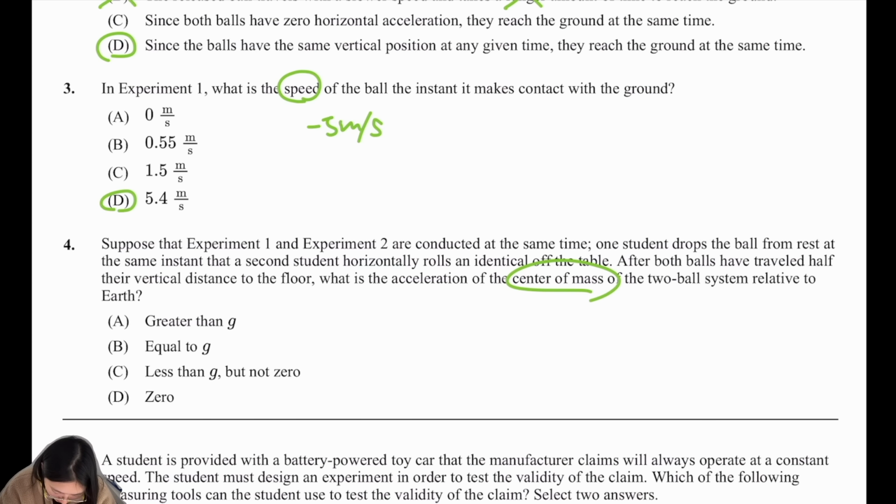Then it's the acceleration of the center of mass relative to the Earth. When it comes to acceleration, it is a vector quantity.